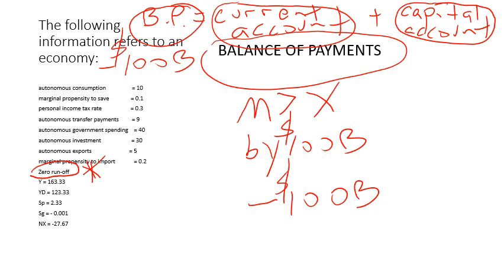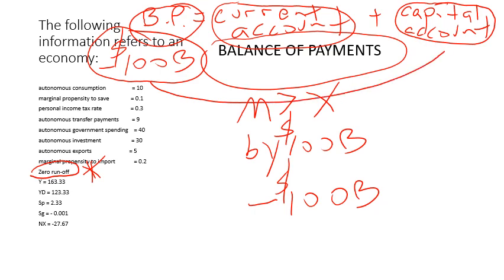So zero runoff assumes that our trading partners who are in possession of our money, all right, they would bring back the money and they would put it into our capital markets, our financial markets, our financial pool, which means that the balance of payments would go back to zero, because the capital account would see an injection of $100 billion.